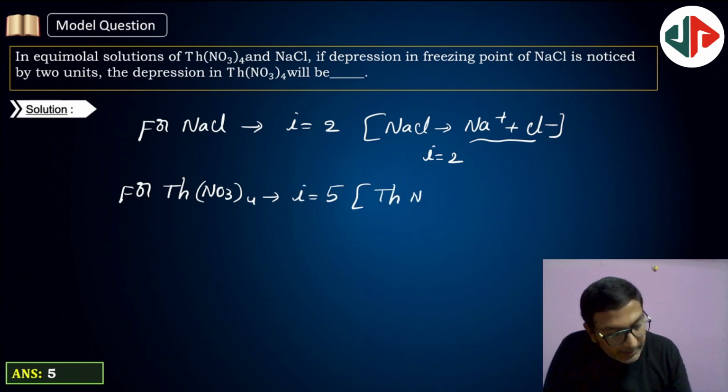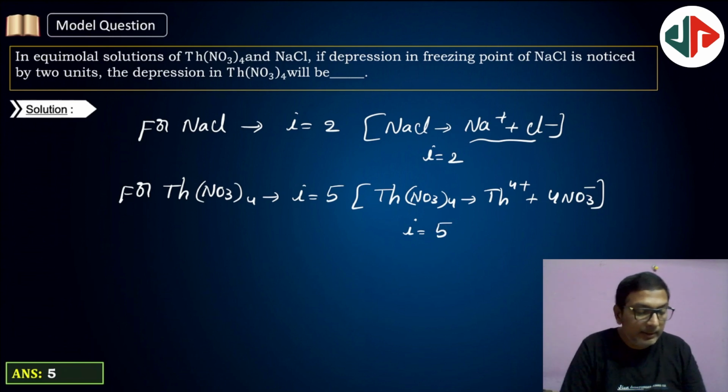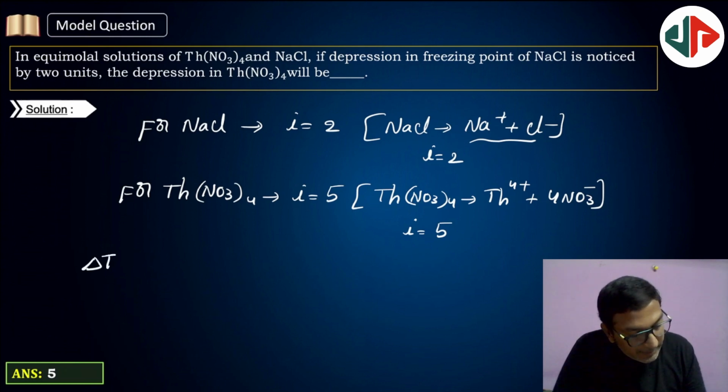That means Th(NO3)4 dissociates to Th4+ and 4NO3-. i value equal to 1 plus 4, 5. So the depression in freezing point is directly proportional to i.